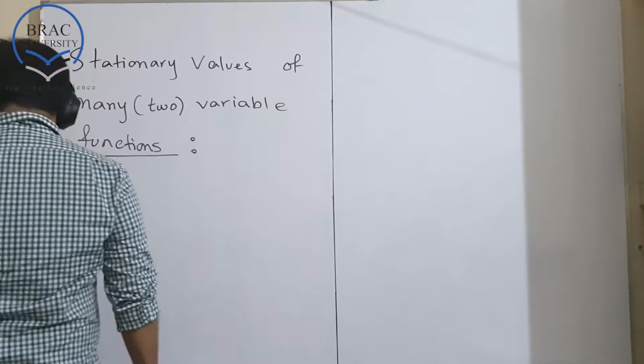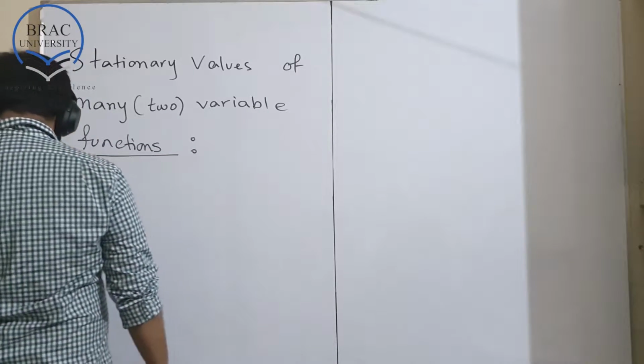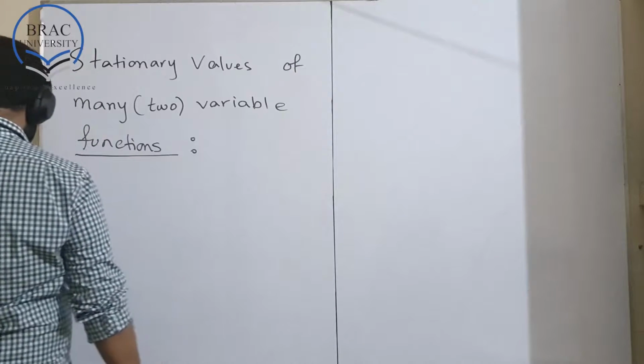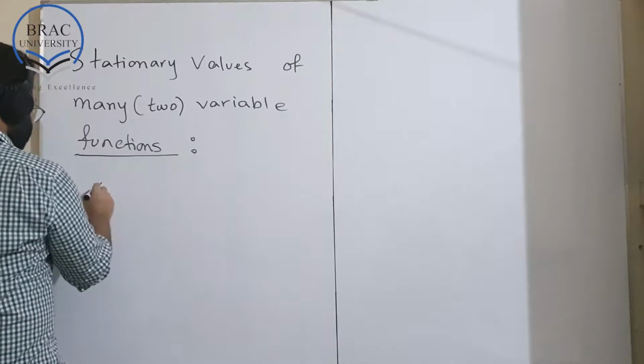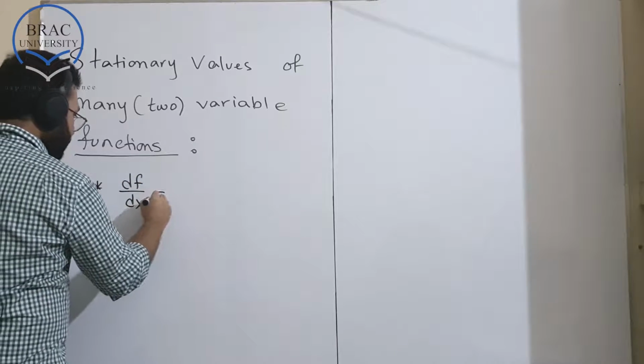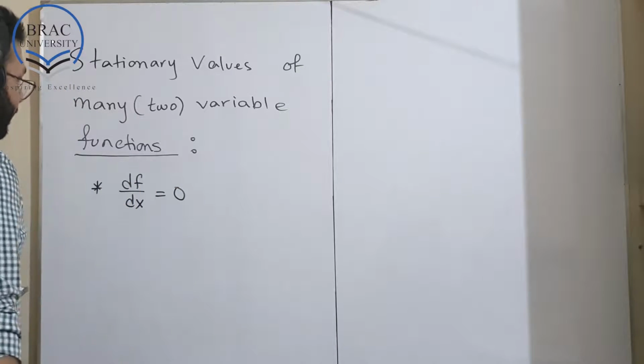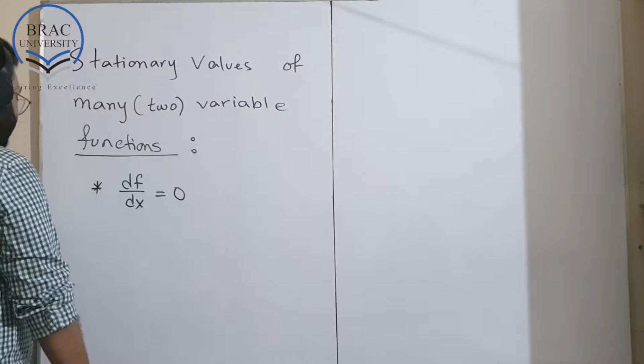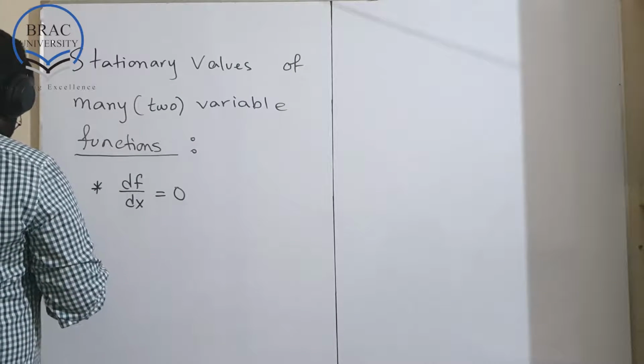So, we already discussed the stationary points of a function of one variable. That is, if df/dx equals 0, it means we have a stationary point that is either a maxima or a minima.